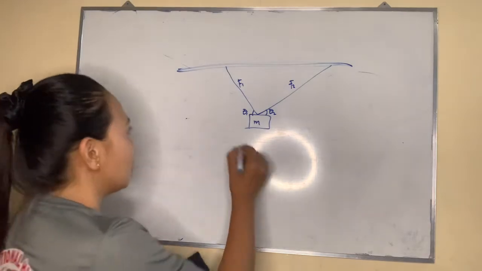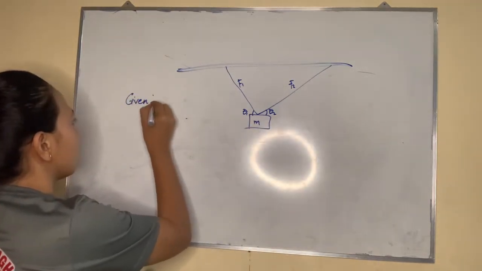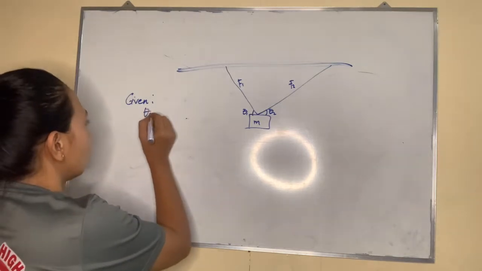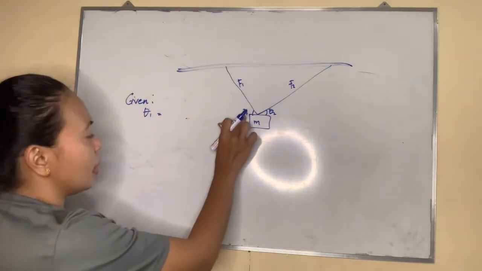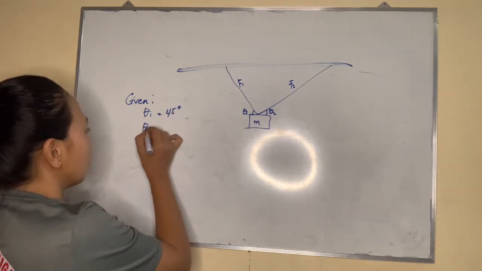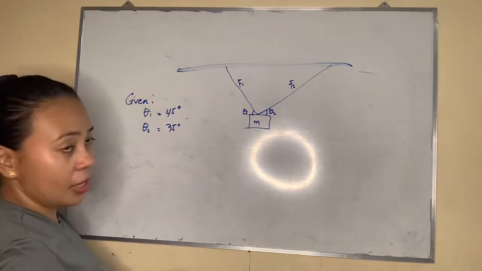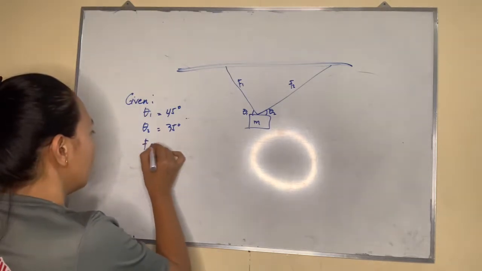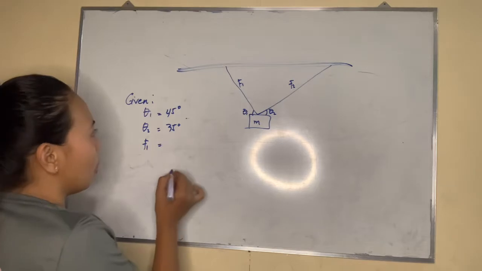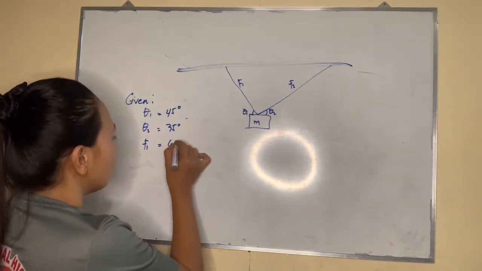Now, for example, our given here, for example, your theta 1 here, let's say, is 45 degrees. Your theta 2 is 35 degrees. Then, your F1 is, let's say, 60 Newton.